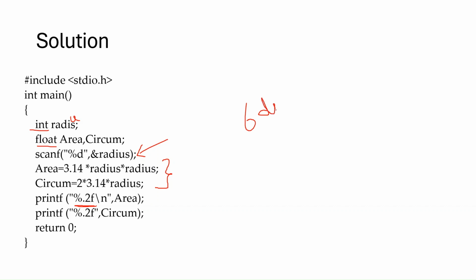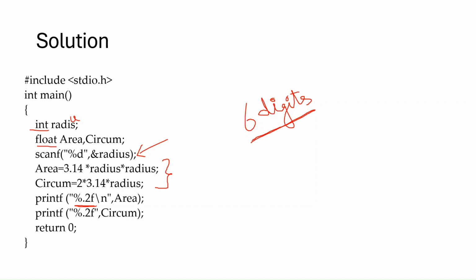So the constraint given in the problem is that after the decimal dot, we have to display only 2 digits. That is what the requirement is. So by default, if you use only percentage f, it will display 6 digits after the decimal dot.